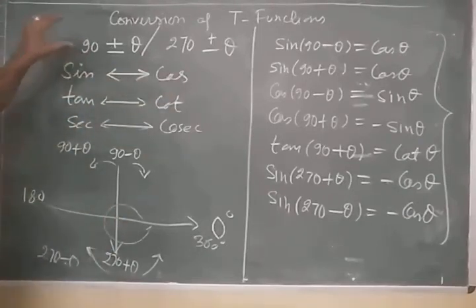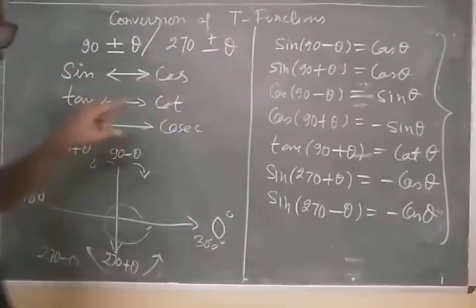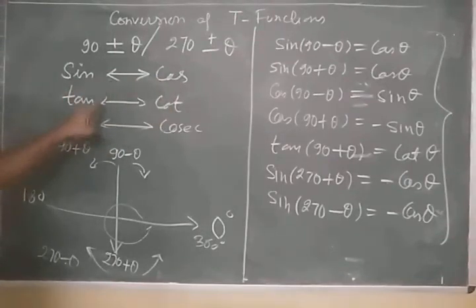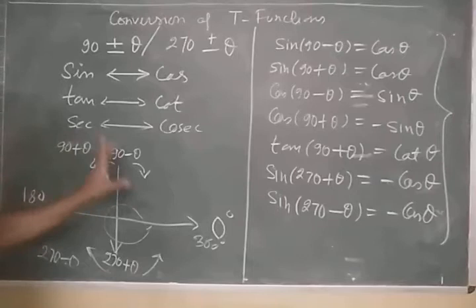If 90 plus minus theta or 270 plus minus theta is there, sine will convert into cos, cos will convert into sine, tan into cot, cot into tan, secant into cosecant and cosecant into secant, according to their sign.